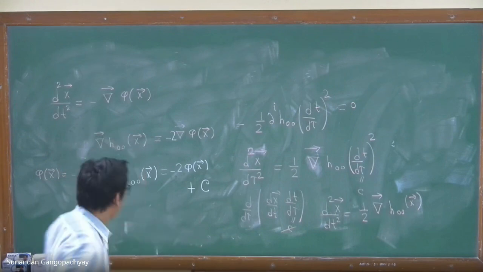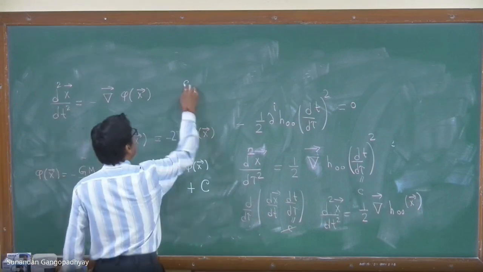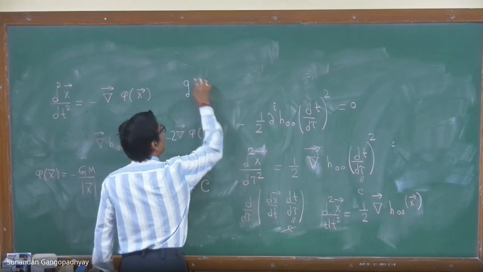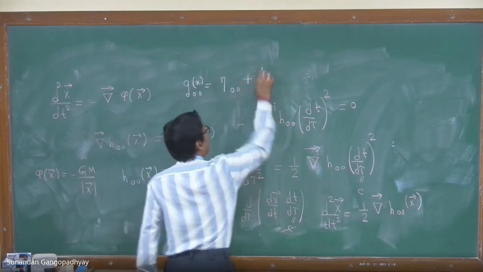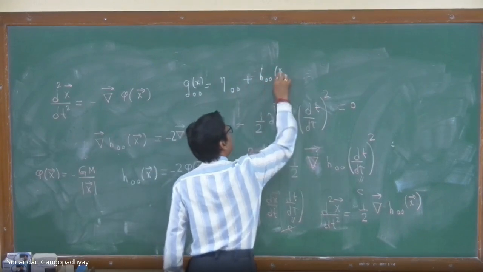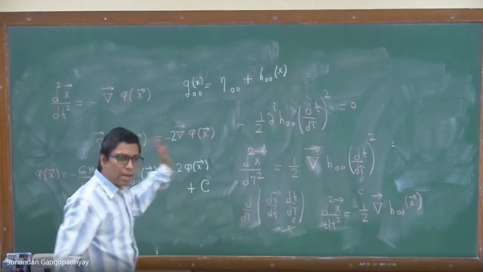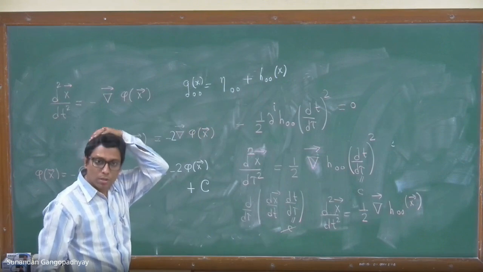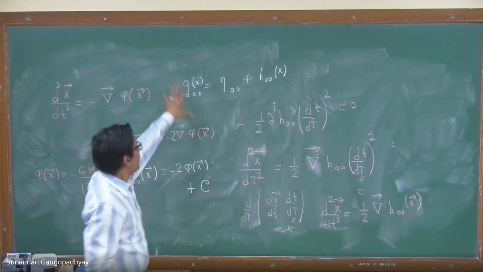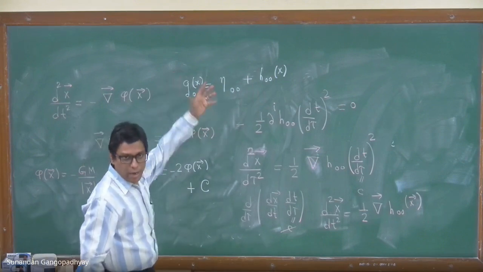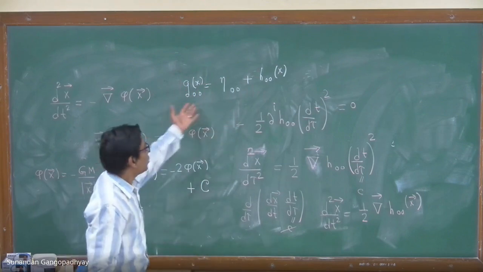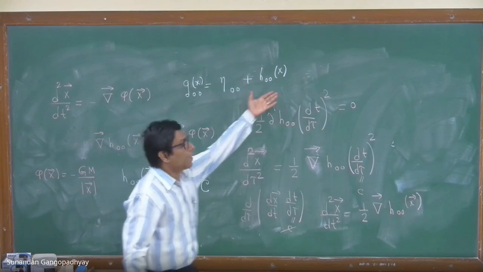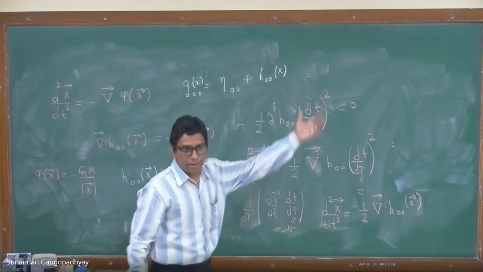So what is g00? g00 is obviously a function of x, eta 00 plus h00 of x. So if you are far away from the source, the curved nature of the geometry should go to Minkowski. So h00 should go to 0, right?